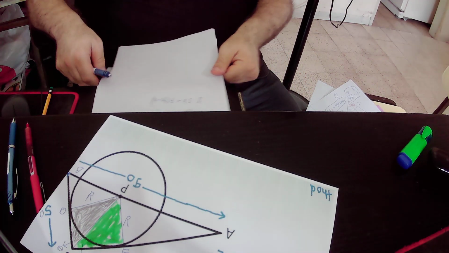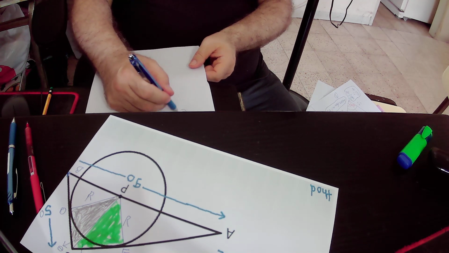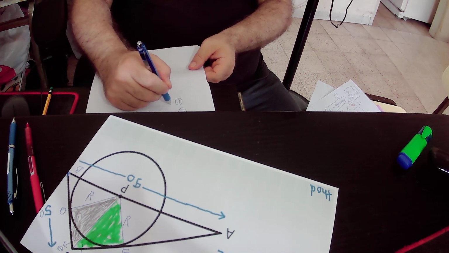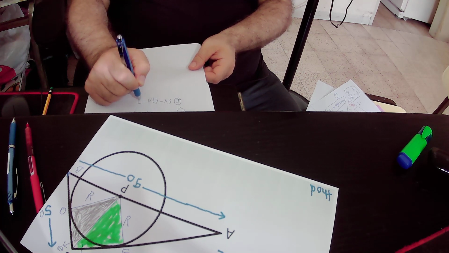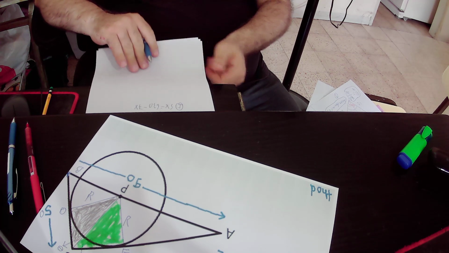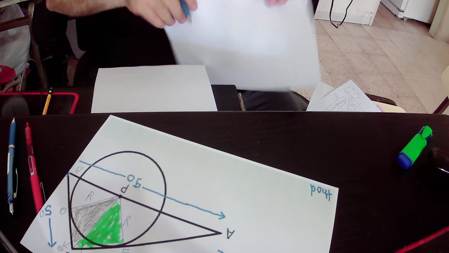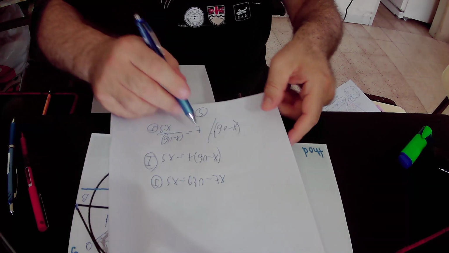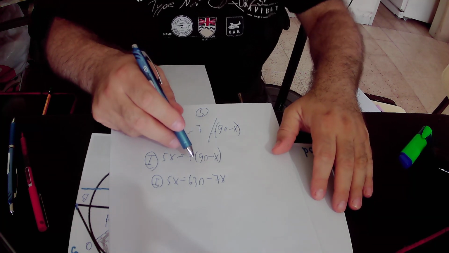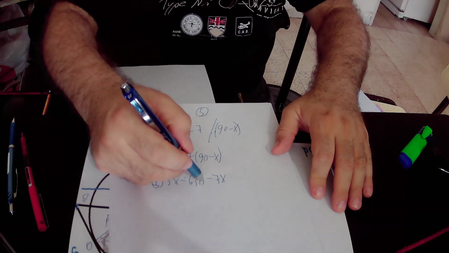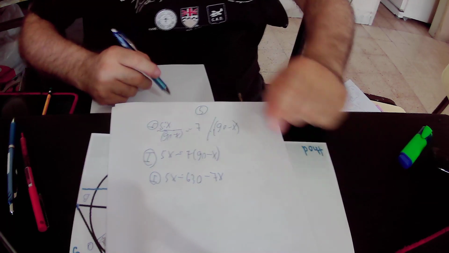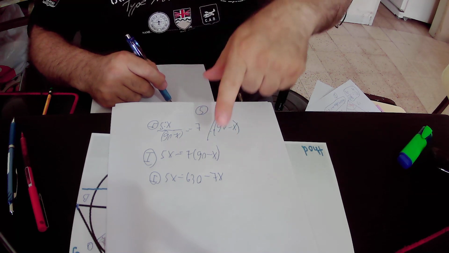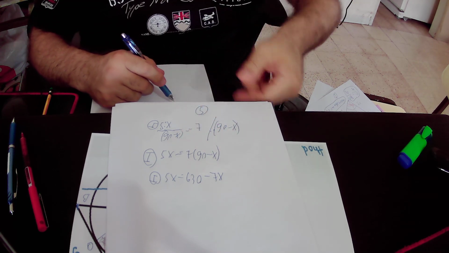We get that 5x equals 630 minus 7x, because 7 times 90 equals 630, and 7 times minus x equals minus 7x. Here we will add 7x to both sides of the equation.